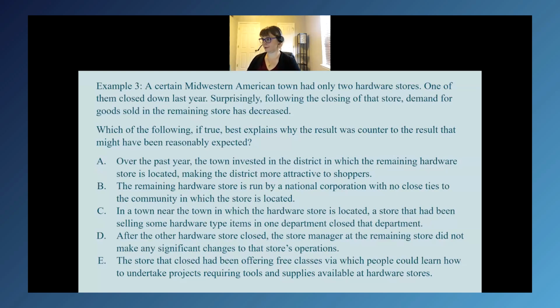Okay. A certain Midwestern American town had only two hardware stores. One of them closed down last year. Surprisingly, following the closing of that store, demand for goods sold in the remaining store has decreased. Why might that be?